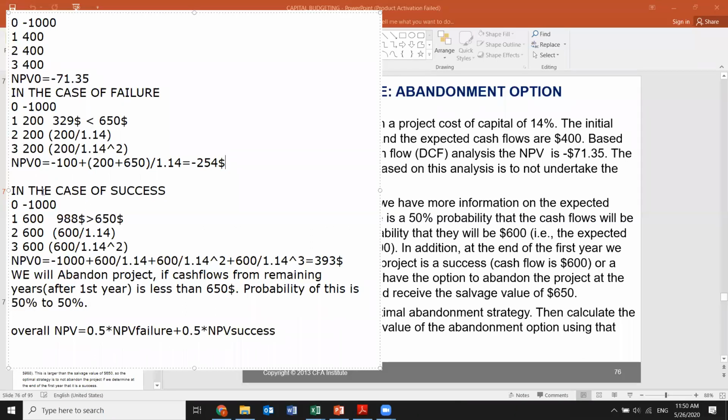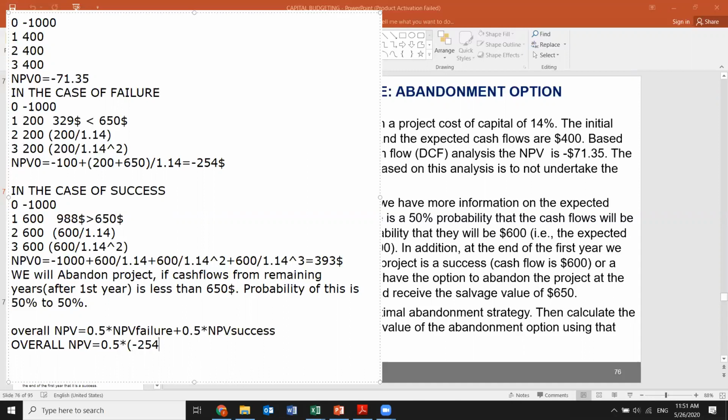Now we have different NPVs in here. Now we need to calculate overall NPV. NPV is equal to 0.50 times failure, which is minus 254, plus 0.50 times NPV success, which is 393.